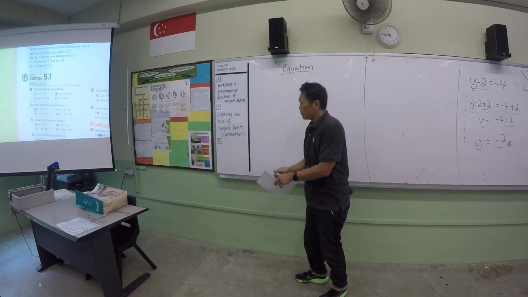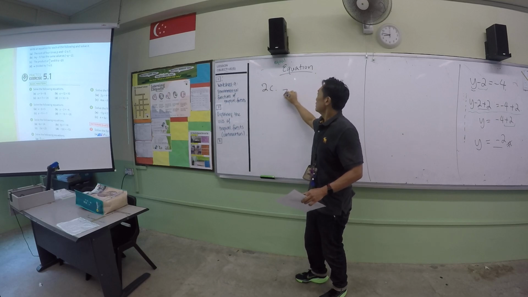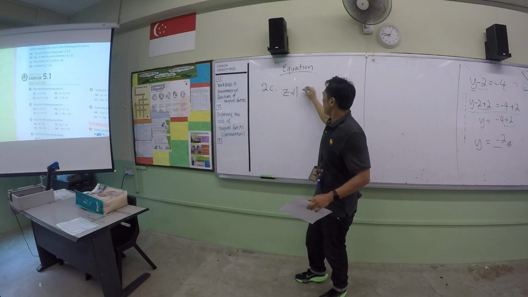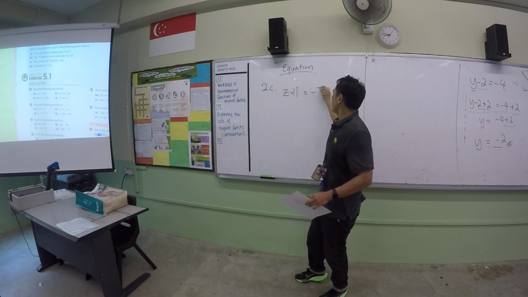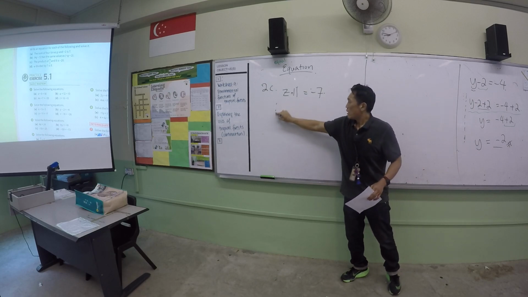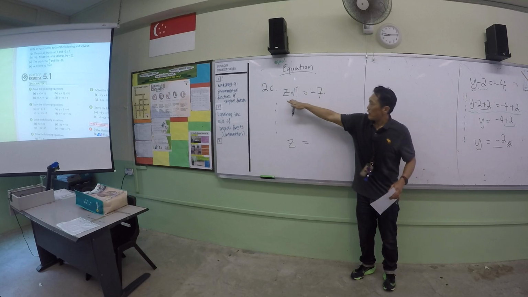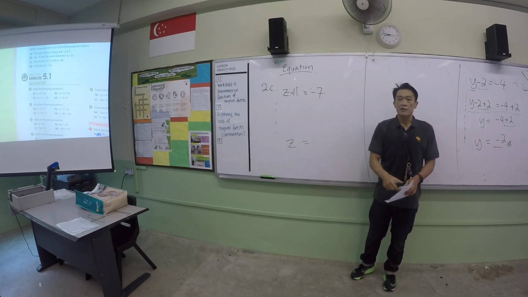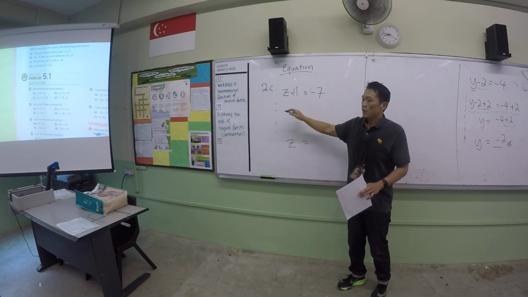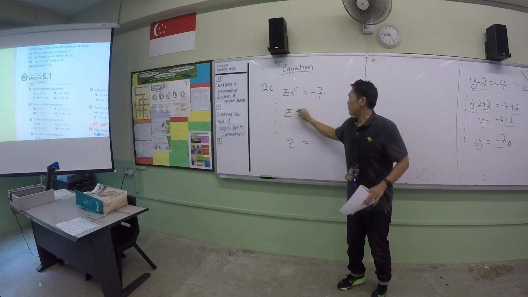So let us take a look at 2C. z minus 11 equals minus 7. I know I want to finally have z on one side. So I know I want to remove minus 11, so I need to add 11. If z minus 11 adds 11, definitely I will be left with z.